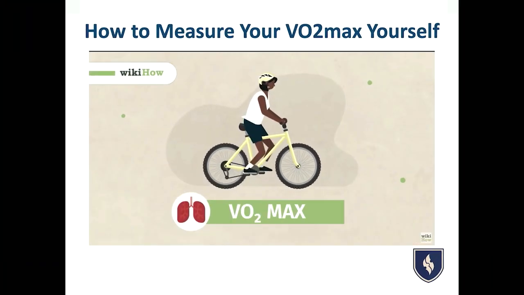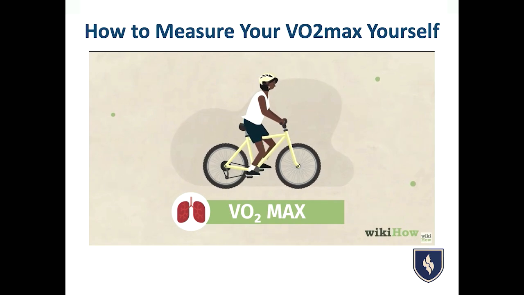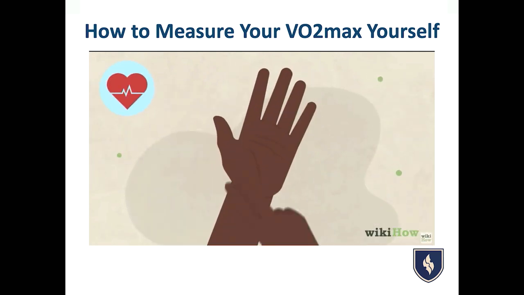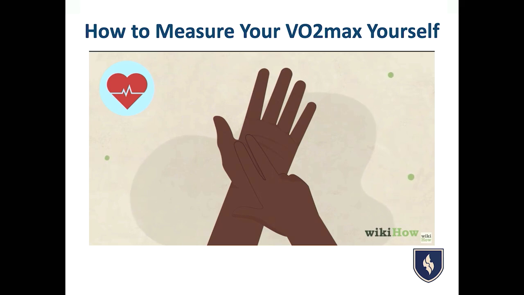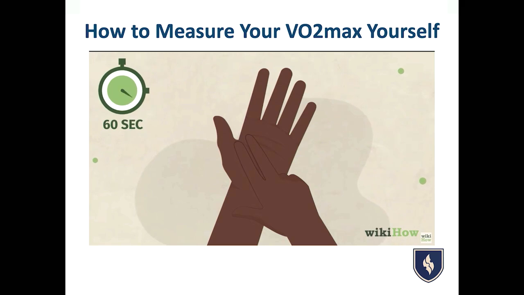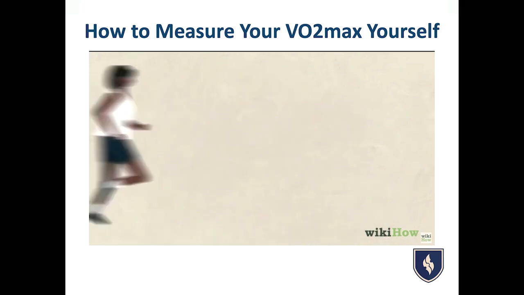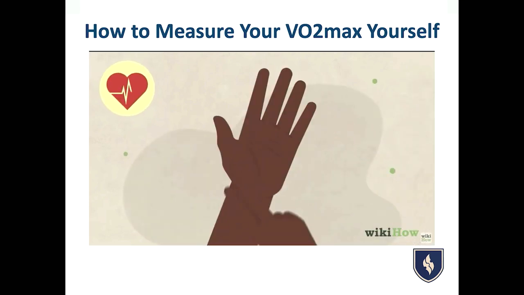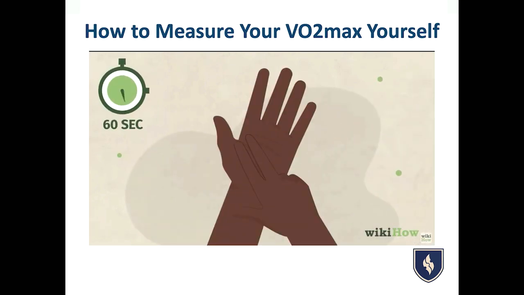VO2 max is the maximum amount of oxygen your body uses when you exercise. To get a general estimate of your VO2 max, first, take your resting heart rate by placing 2 fingers on the artery between the center of your palm and your thumb. Count the number of beats over 60 seconds. Then, take your maximum heart rate by working out to exhaustion, and then checking your pulse again for 60 seconds.